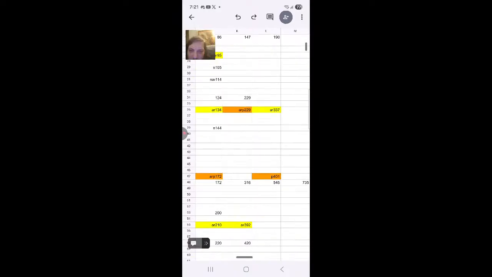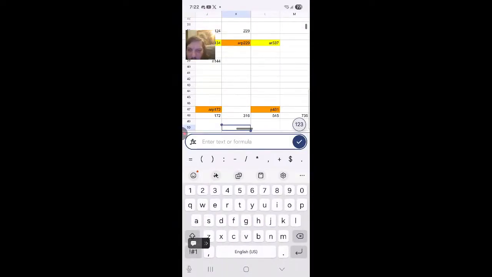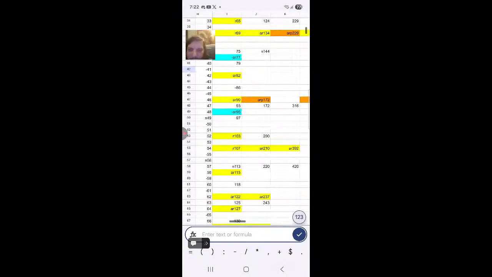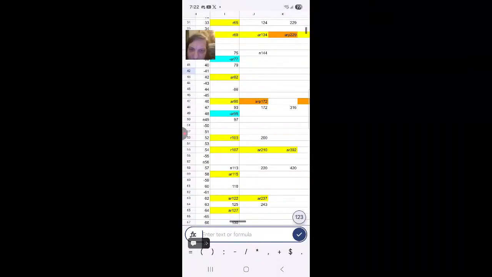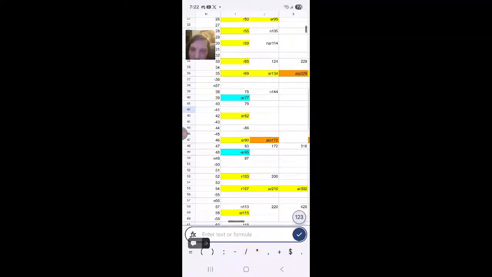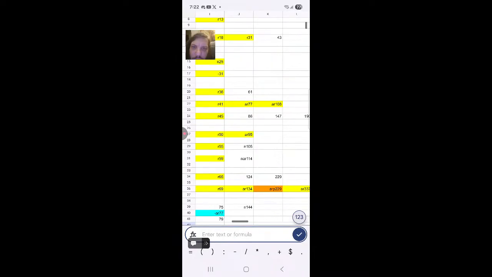I don't know why there's an empty number there. There's some weird. How do I get 97? Why is it an alternate reality number? 49 is negated. Why? Where is 49?